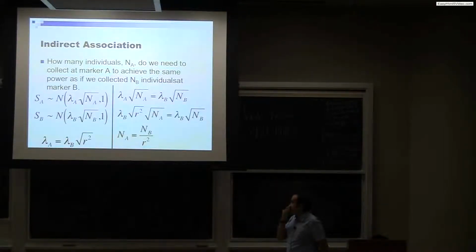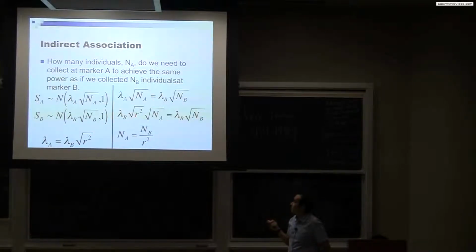So this is one of the things that comes out of this, and we'll actually go over this in the next class as well, which is how many individuals, NA, do we collect at marker A to achieve the same power as if we collected NB individuals at marker B. In order to have the same power, these two non-centrality parameters would be the same.